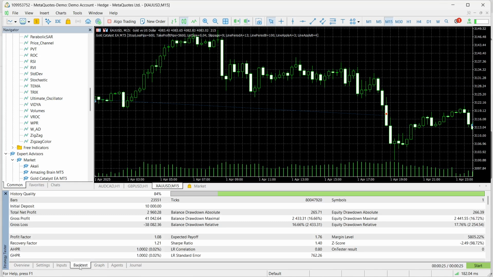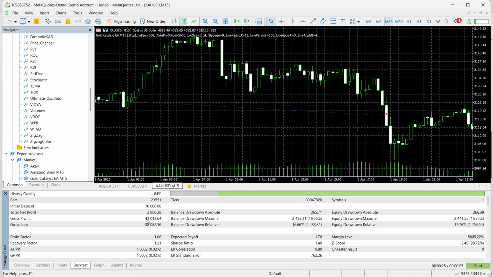So as you can see, for the initial deposit of $10,000 over the 1 year period, we had a net profit of $2,960. The profit factor came in at 1.08, and we had a balance drawdown of 16.66. All right, so that doesn't look bad. The results look positive with solid metrics.